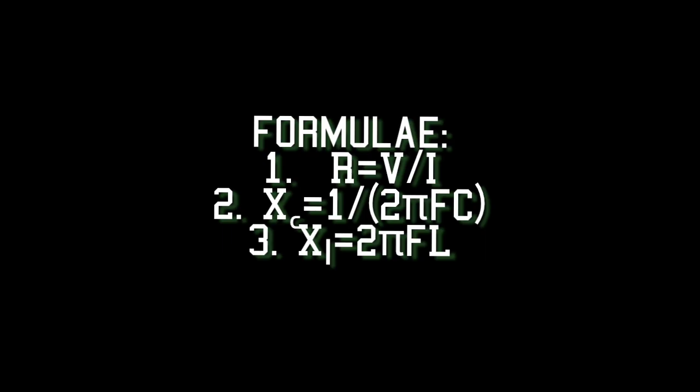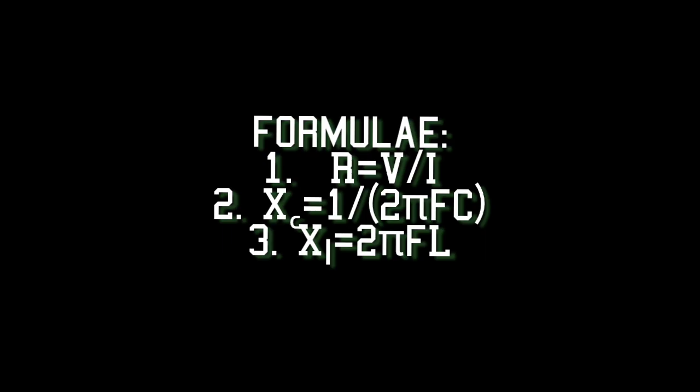To find the values of the resistances or reactances, we have three formulas that we're using. The first one is simple Ohm's law, R equals V by I, which we use to find the DC resistance values. Then we have capacitive reactance, Xc, from which we can find C equals 1 by 2 pi F Xc.